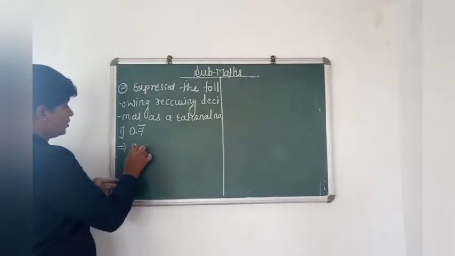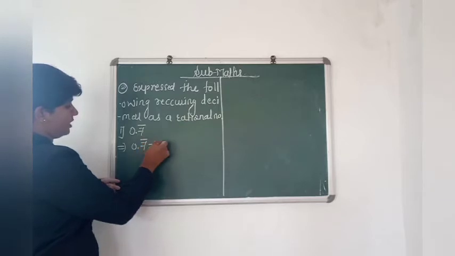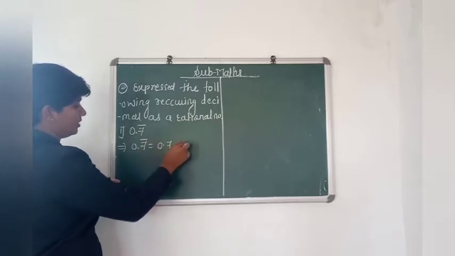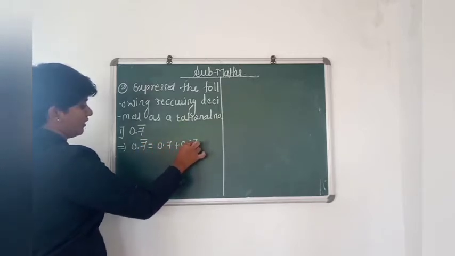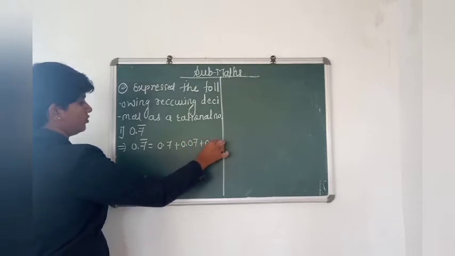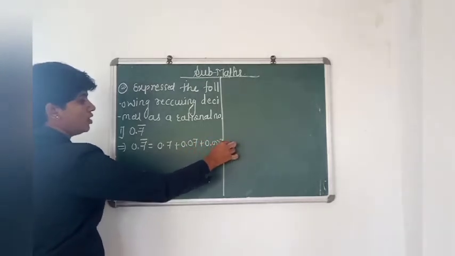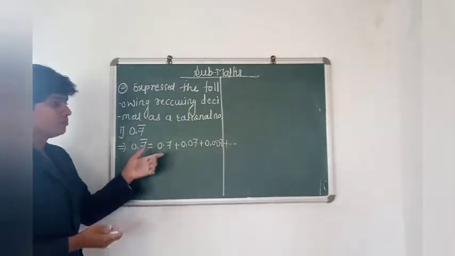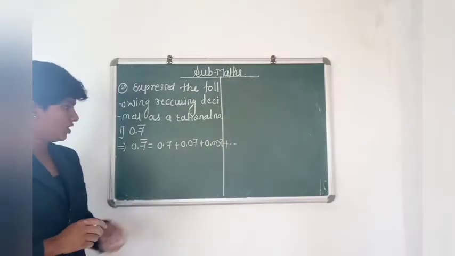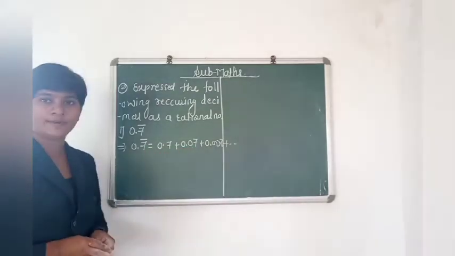So this 0.7 bar can be written as 0.7 plus 0.07 plus 0.007 and so on. These terms form a geometric progression.